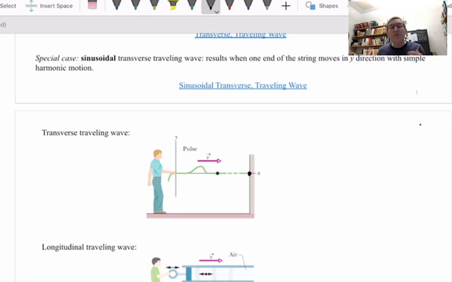But then all I have to do to make a transverse traveling wave is move my hand up and down a little bit, perpendicular to the horizontal direction. We'll take horizontal to be the x-axis, and we'll take perpendicular, vertical, to be the y-axis. So undisturbed, the string will lie along the x-axis. I will make the disturbance, the wave, by simply moving my hand perpendicular to the x-axis in the y direction.